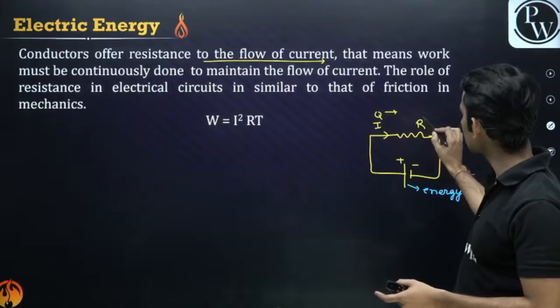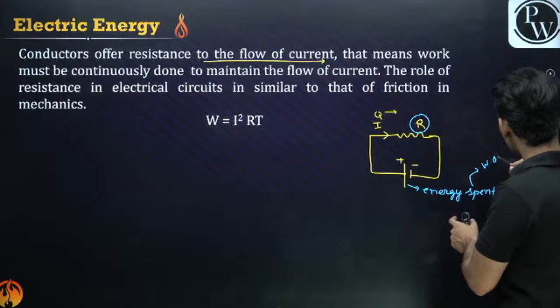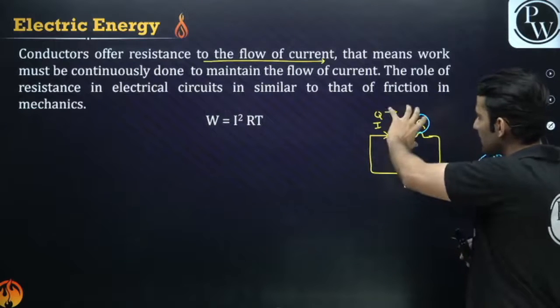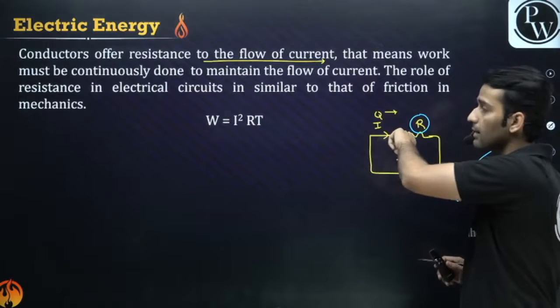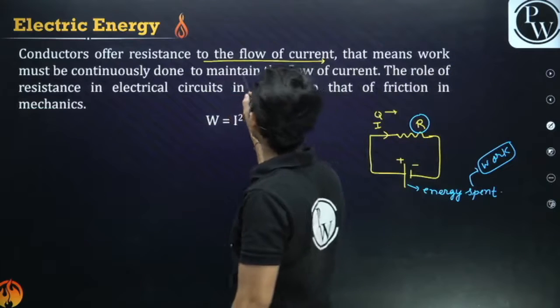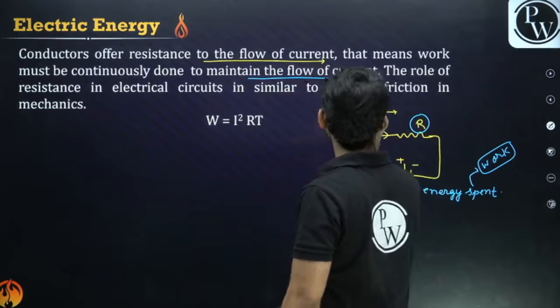The energy spent by the battery is nothing but the work done, right? So where will that energy go? It will dissipate in the form of heat in this circuit, which is known as electrical energy. So work must be continuously done by the battery to maintain the flow of current. So basically what does resistance do?